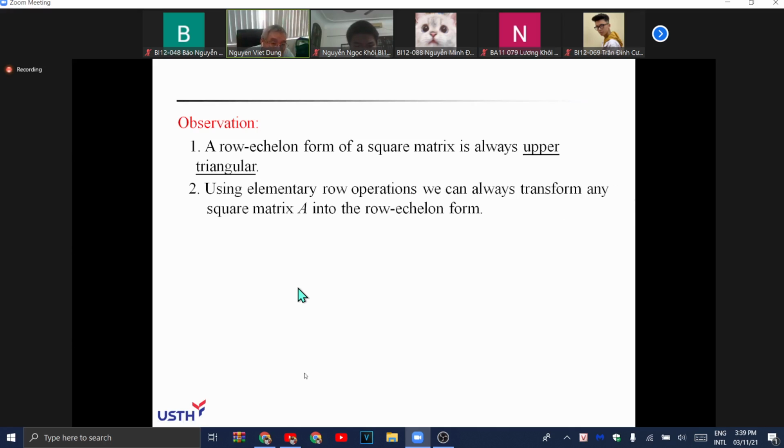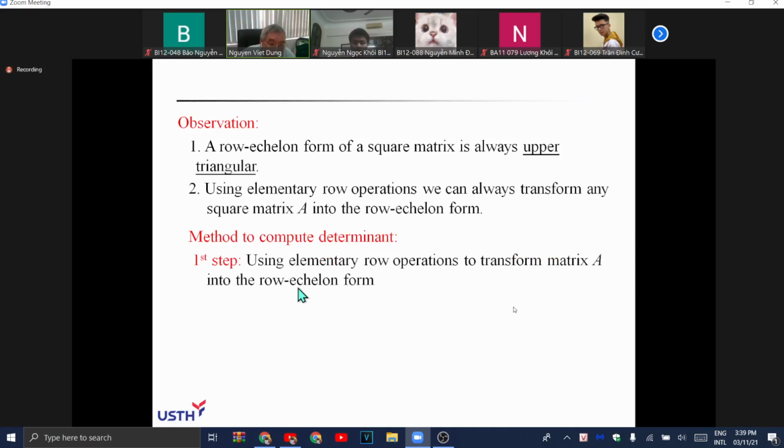The second observation is the most important thing: if you use elementary row operations, you can always transform any square matrix A into row echelon form. With two observations like that, you can now compute the determinant of any square matrix. I summarize the method in 3 steps as follows.